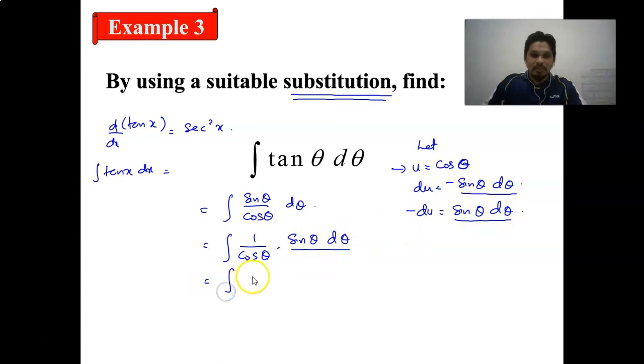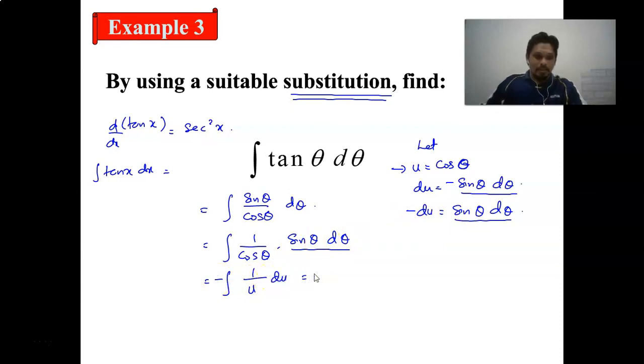So the integral of 1 over cos theta, which equals u, and sine theta d theta equals negative du.